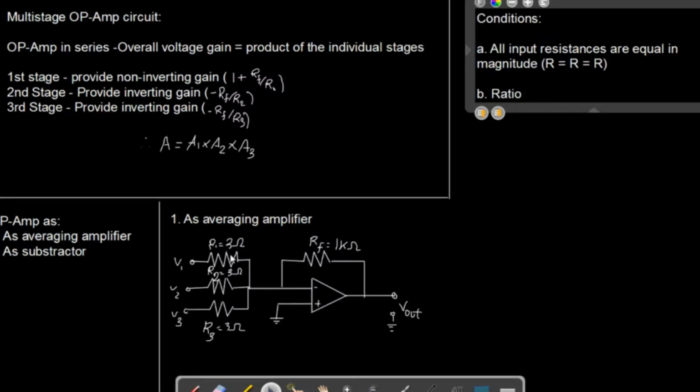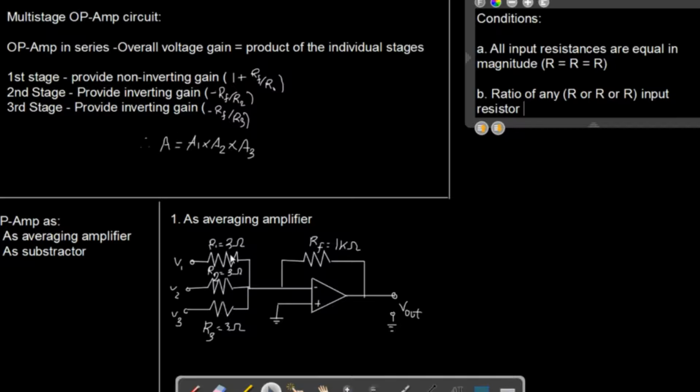The ratio of any input resistor, maybe R1, or you can take R2, or R3, is an important condition, you have to note it down, probably this can be a part of your question. The ratio of input resistor to the feedback resistor is equal to the number of input circuits.